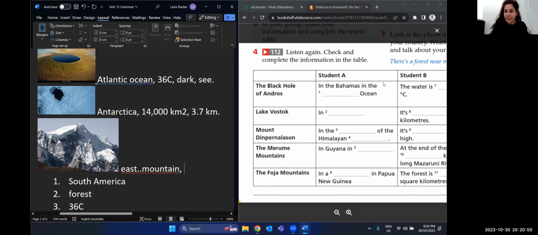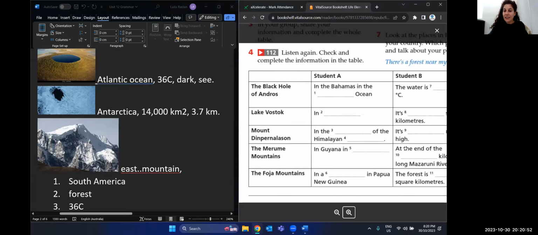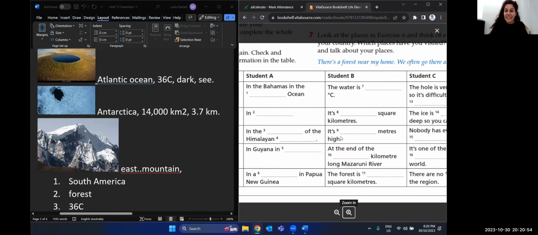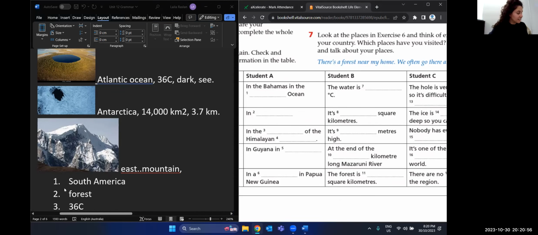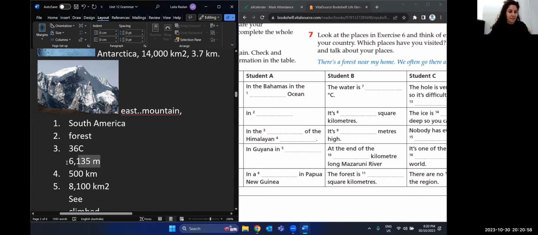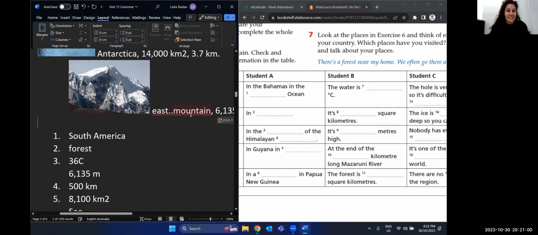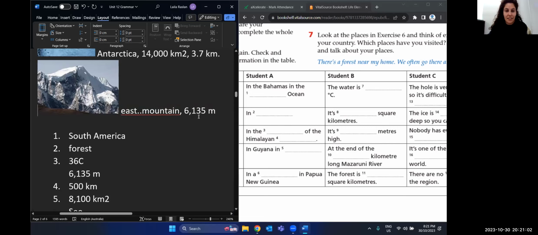So first we're looking at the location, and then after, number 9, how high is it? 6,135 meters high. So that's a mountain.